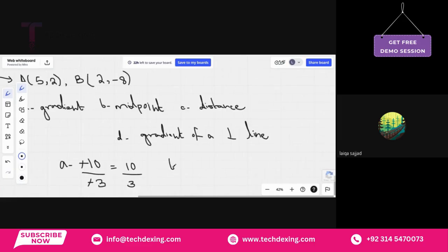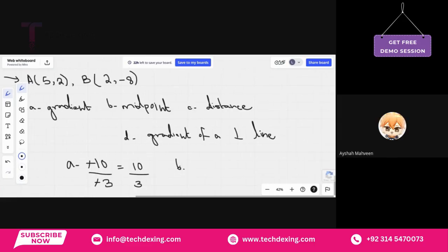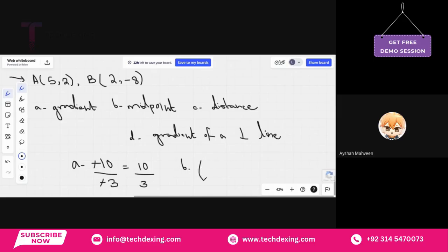You simply add the x coordinates and divide. Oh wait, yeah, I did it wrong. Sorry, I accidentally counted the distance. Yes, there's a difference between midpoint and distance.